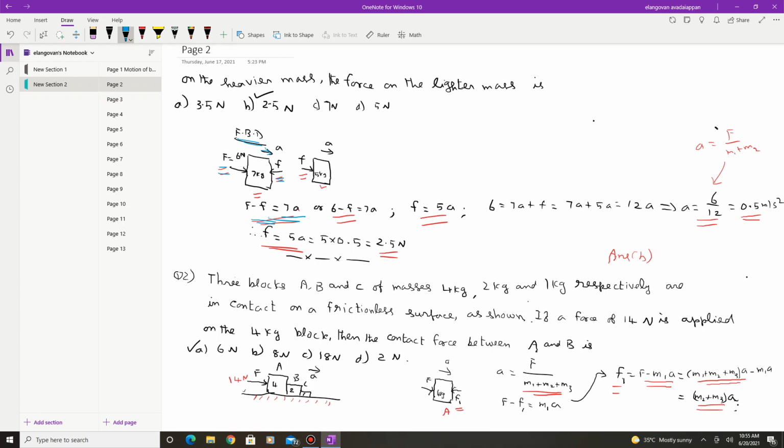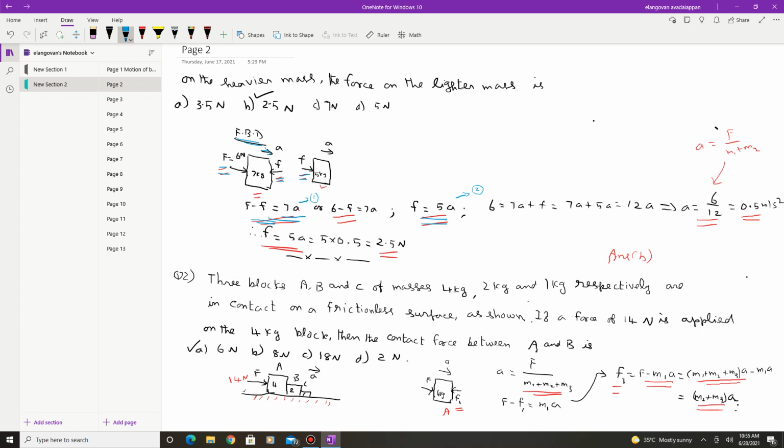Now if we take the free body diagram for the second mass, this is 5 kilogram, and the small f is the contact force acting on the second block because of the first block. So small f is the contact force, and A is the acceleration. From this f is equal to 5A. So you get the second equation. This is equation 2, and this is equation 1.